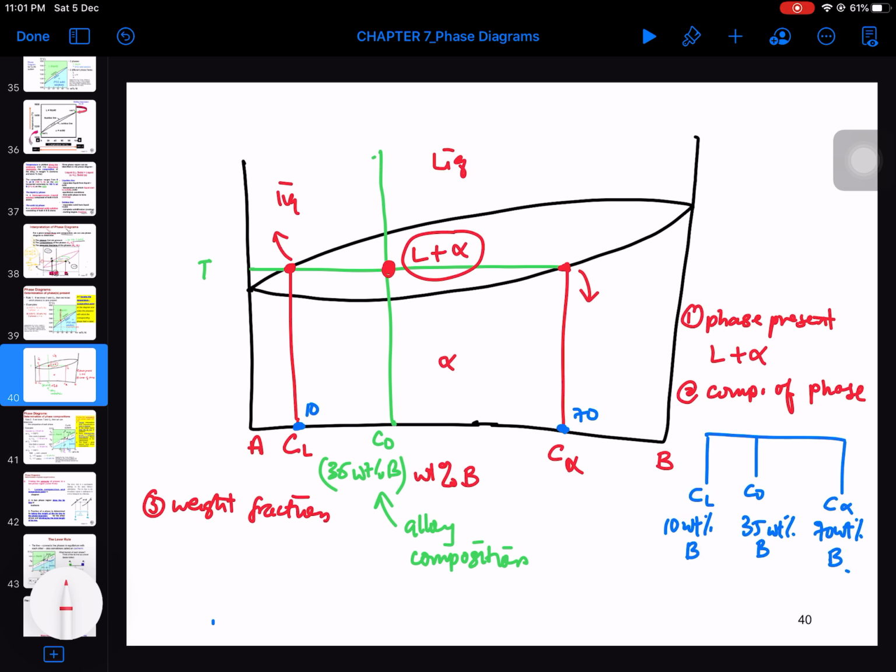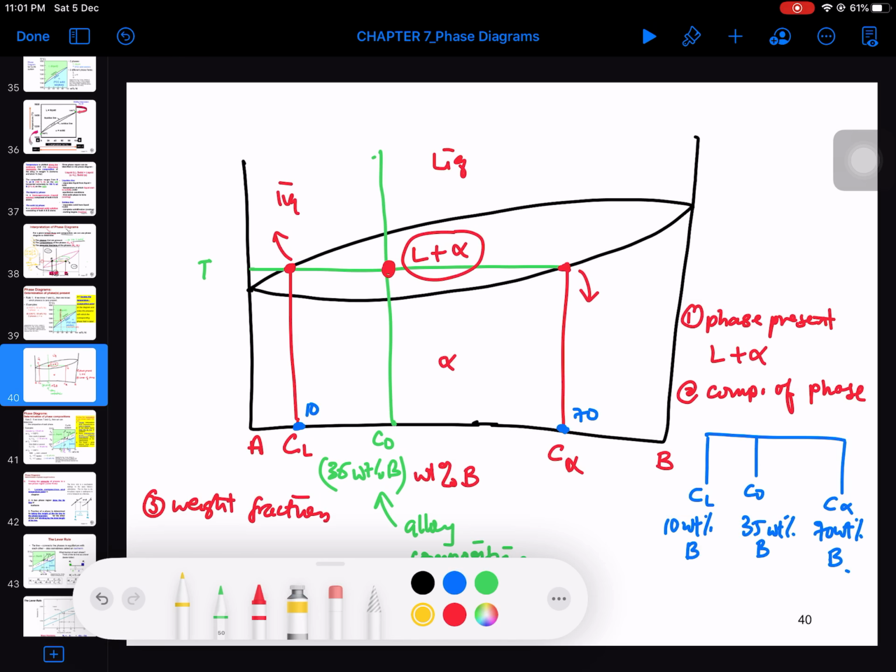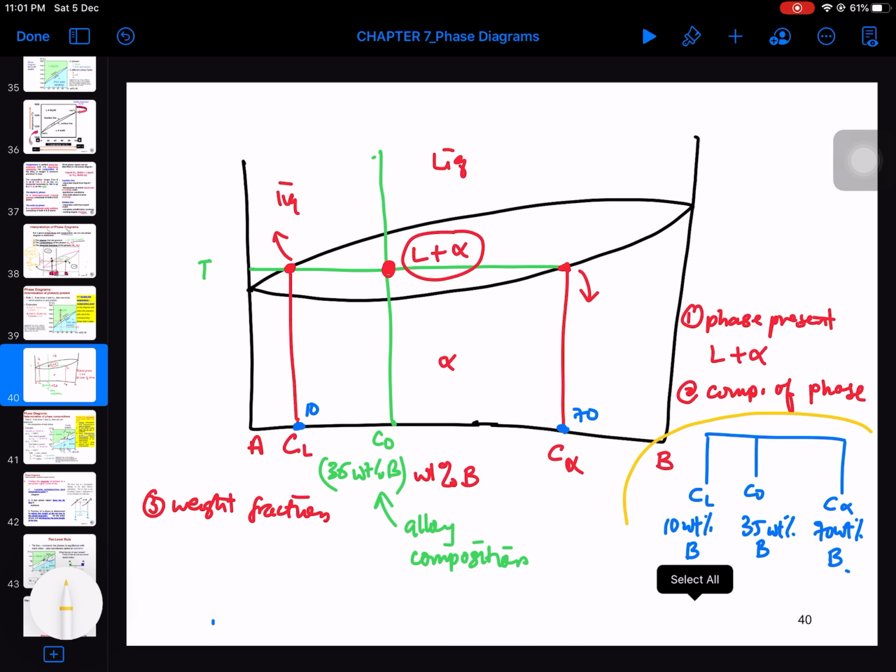In order to calculate the weight fraction, you have to use what we call the lever rule. The lever rule is basically what we have here. We're going to use all of the information on this line, for C L, C naught, and C alpha to calculate the weight fraction.